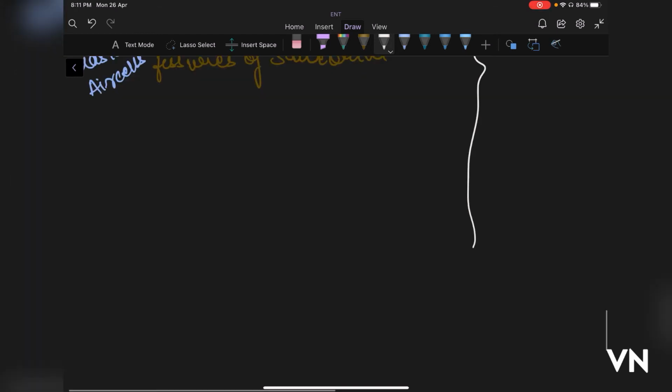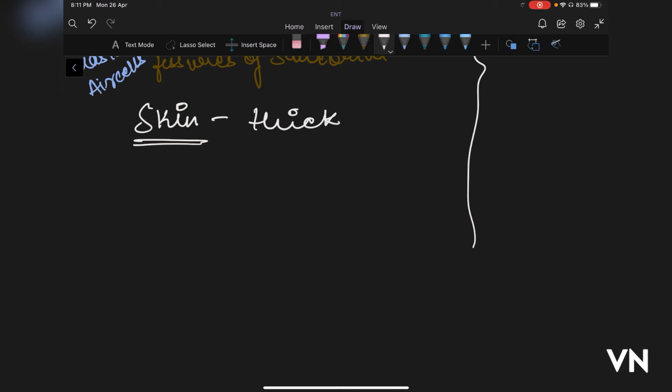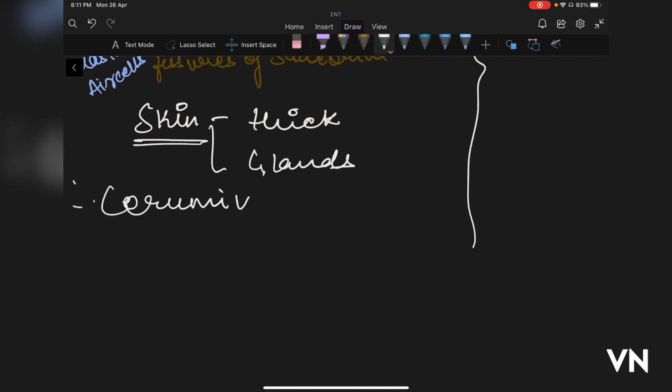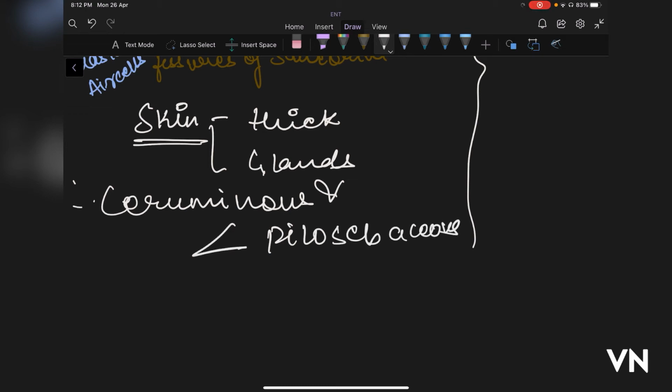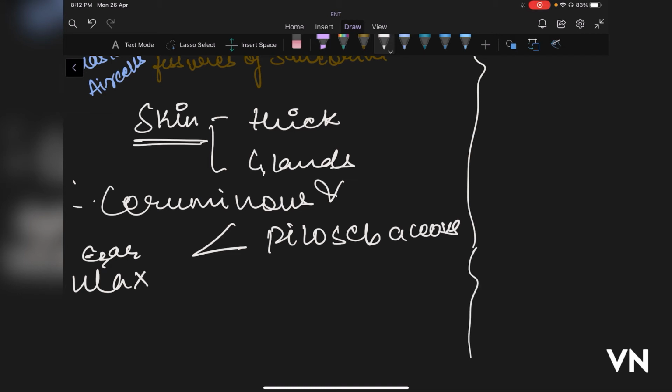Now, about the skin, because there is a difference in the skin that is present in the cartilaginous and the bony part. Here the skin is thick, and it contains basically two types of glands, your ceruminous and your pilosebaceous glands. These glands have the function of secreting ear wax. Ear wax has an important function of entrapping dust, dirt, and particles, so as to protect the middle and the inner ear.